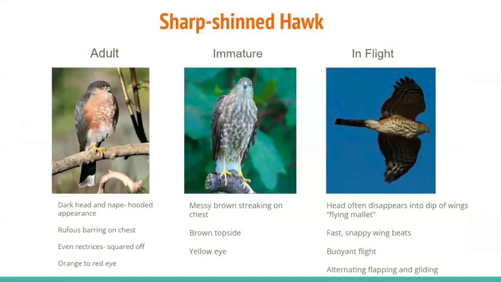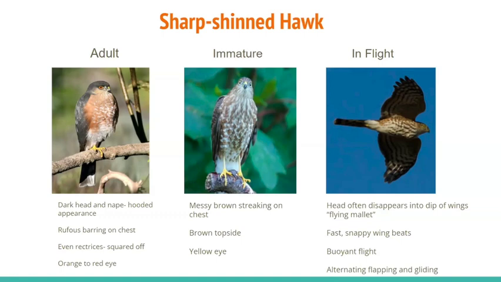So for the sharp-shinned hawk, the adult has this very distinct, almost hooded appearance with a dark head and a dark nape. They also have this rusty rufous barring on their chest. They have even rectrices, so all their tail feathers are the same length, giving it a very squared off appearance.